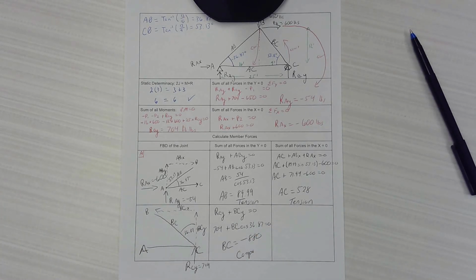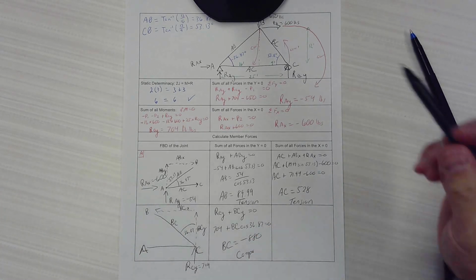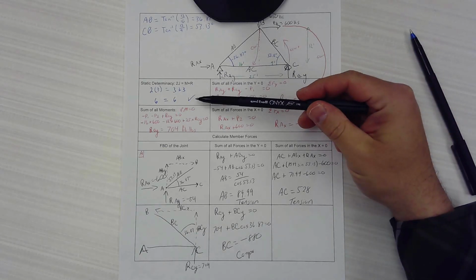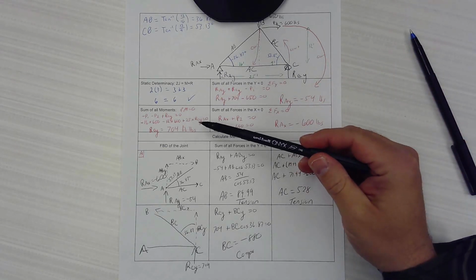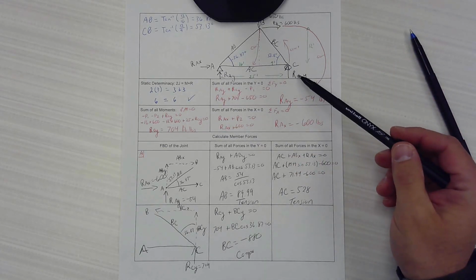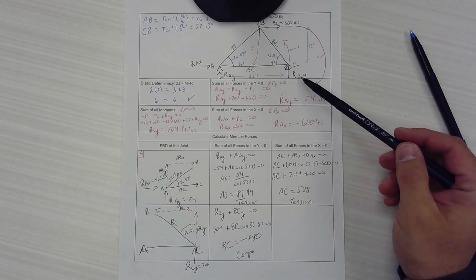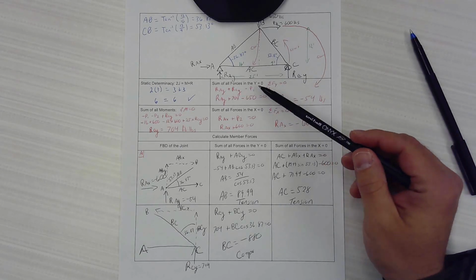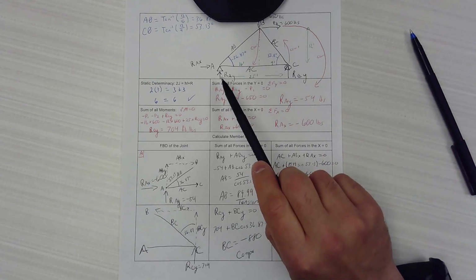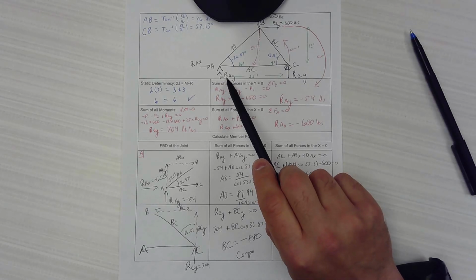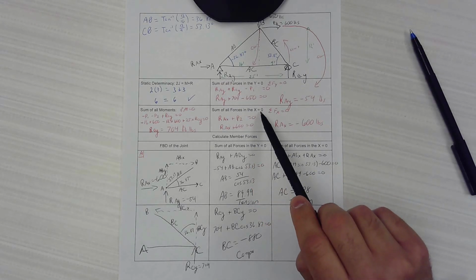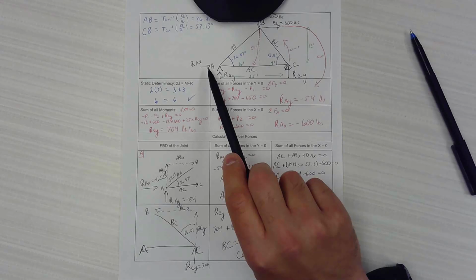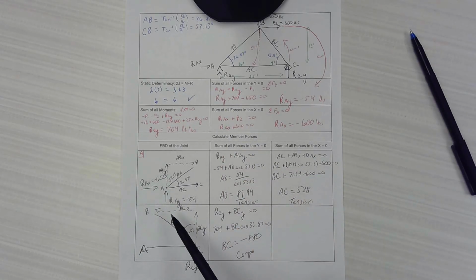And now you have completed the truss. You've figured out its static determinacy. We did the sum of all moments to get the first reaction on the C joint. Then we did sum of all forces in the y direction to get the reaction at joint A in the y. Sum of all forces in the x over here to get RAX. And then we went into each joint.